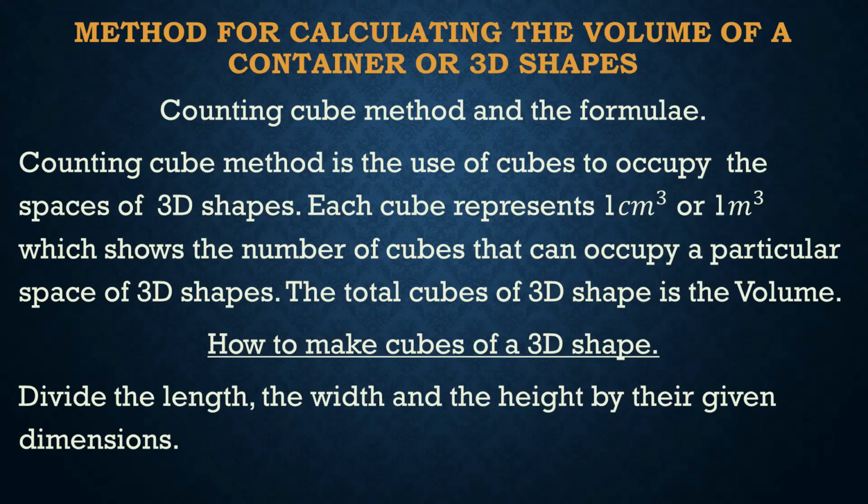The total cubes of the 3D shape is the volume. How to make cubes of a 3D shape? Divide the length, the width, and the height of the 3D shape by their given dimensions.